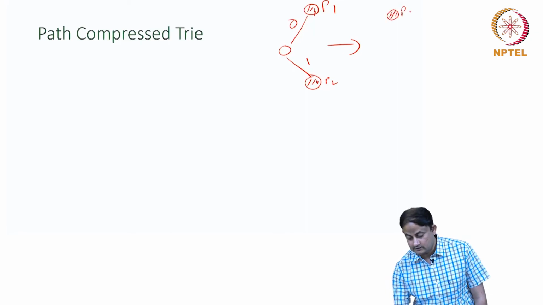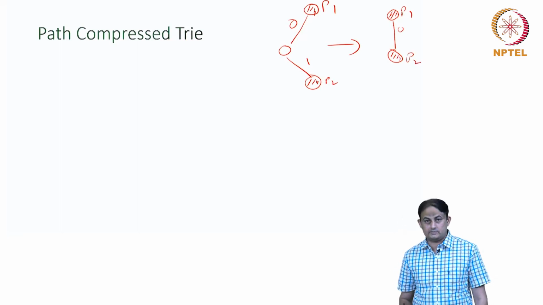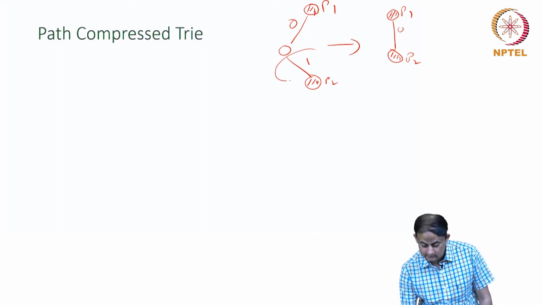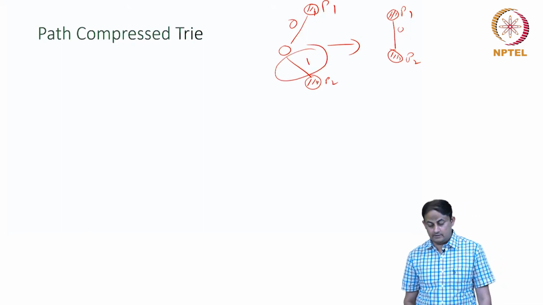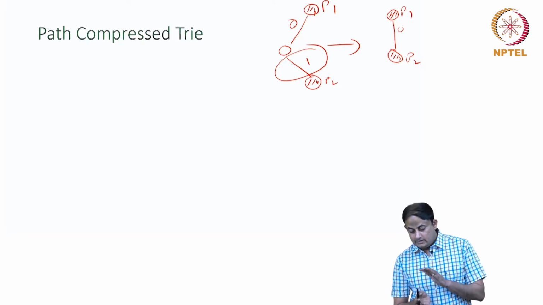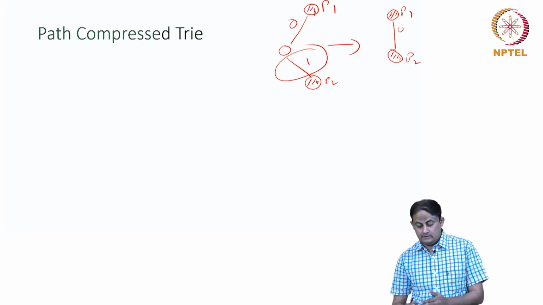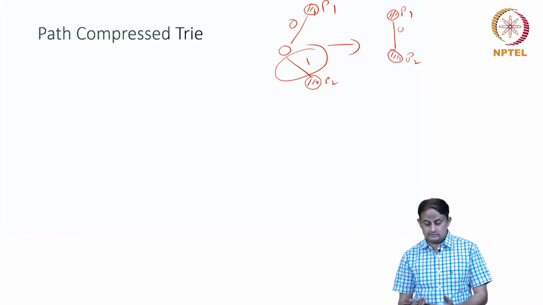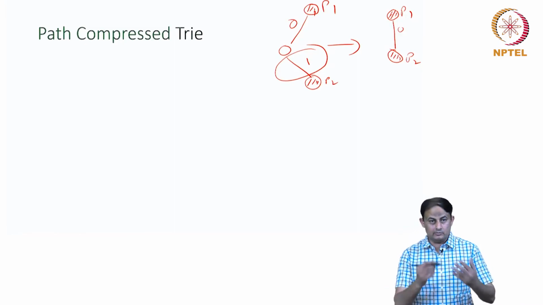So, this is my P1, and then 0 followed by 1. I take this 0 and then make this node the prefix P2, and then I need to remember that this entire thing is actually skipped. How many bits have I skipped, and the second thing is what are the bits that are skipped. That I am going to remember.